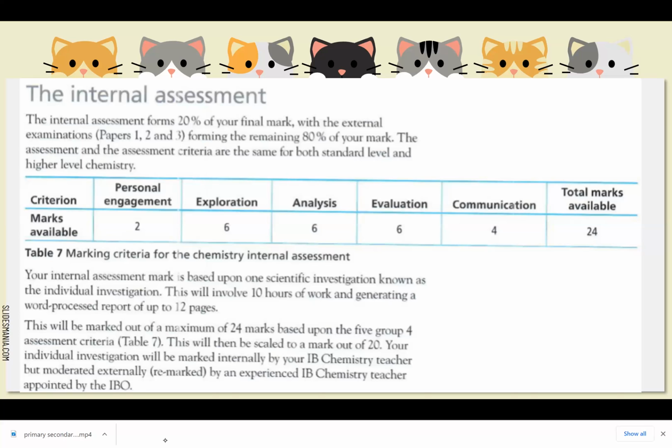Notice in there that it should be about 10 hours of work from start to finish. So that's the planning part, the experimenting, the summarizing of it. I'm going to give us many more days than that to be working on this, but that's what IB is expecting we will put into it. And it can be no more than 12 pages.